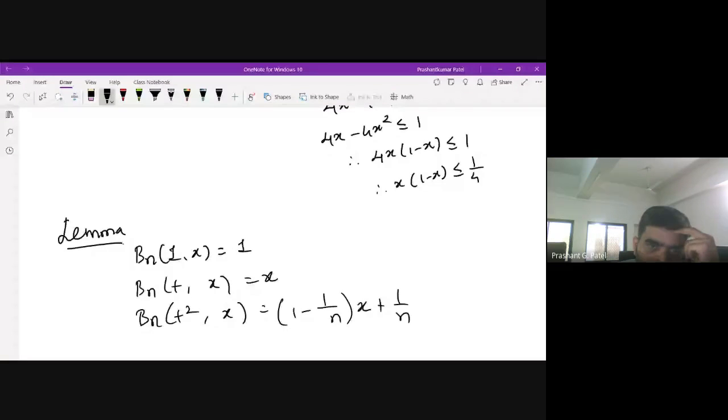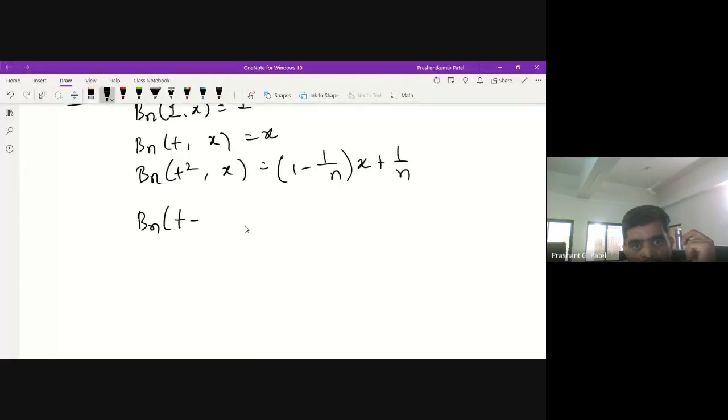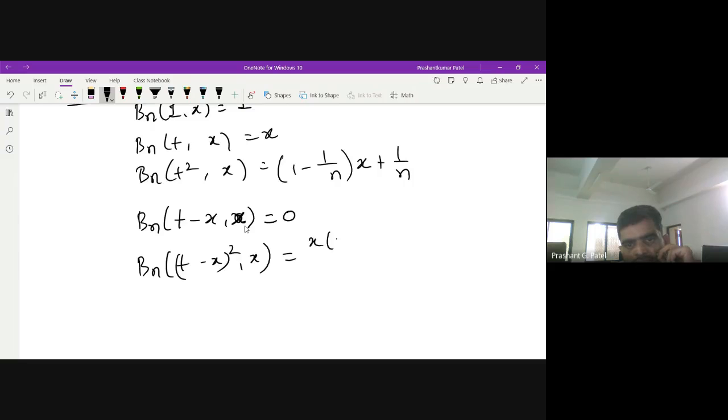Then we have discussed another lemma based on the central moment, that is Bn of (t minus x) at x is 0 and Bn of (t minus x) square at x is x into (1 minus x) upon n, which we have proved is less than or equal to 1 by 4n.